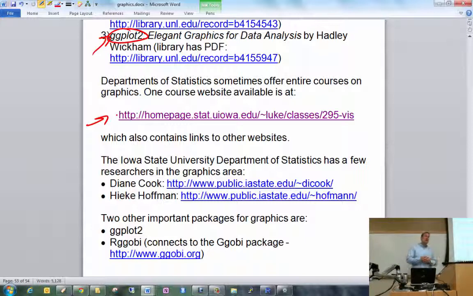He happens to be an R core group member. What that means is he's one of 20 people who can actually change the main base R source code. So he's somebody who's well respected in terms of computing, and that's why he's heavily involved with the development of R.